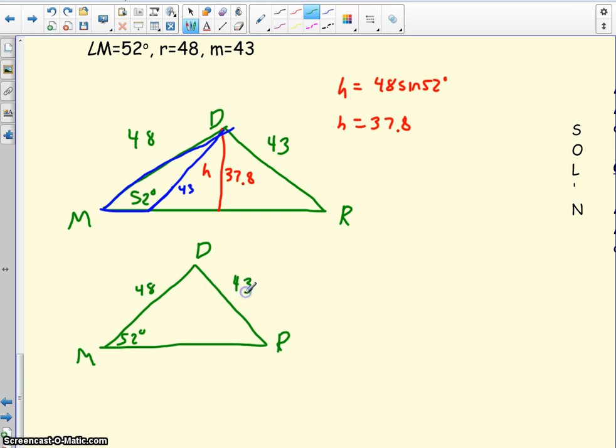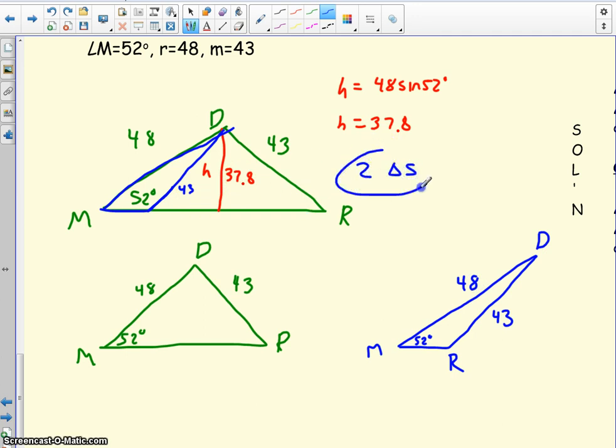So that's one triangle. And my other one here I'm going to draw in blue. It's going to be an obtuse triangle. So that's going to be 52 degrees in there. That's going to be your angle R, and that's going to be your 48. So two possible triangles.